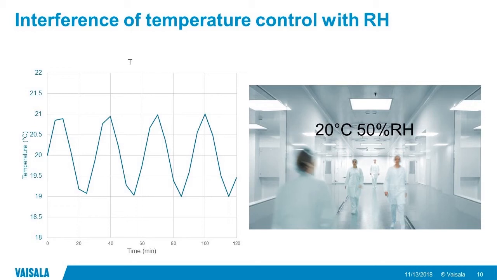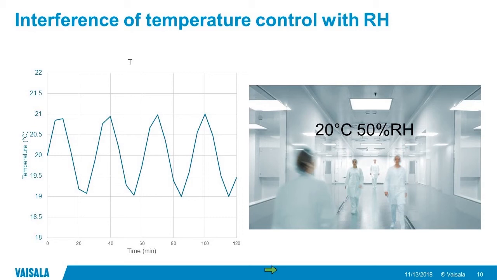And the graph here shows what the temperature control is actually doing over time. You might think the controls designer or engineer hasn't done a very good job, because we're seeing a quite large oscillation. But that might be the case, yes. But let's see how that actually influences the relative humidity.